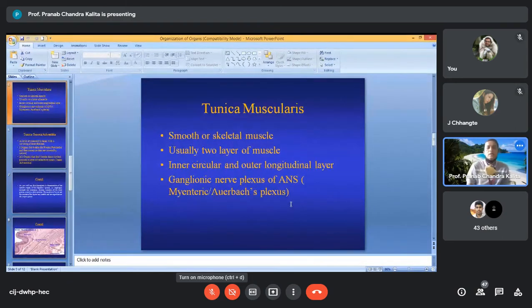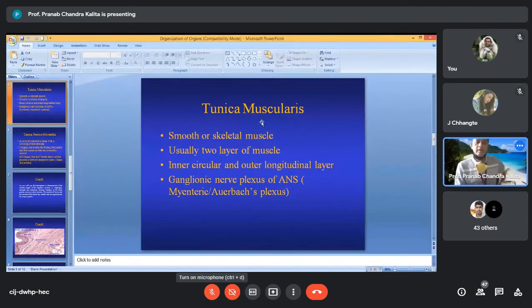Then the Tunica muscularis. Depending upon the organs, it may contain smooth muscle or skeletal muscle.